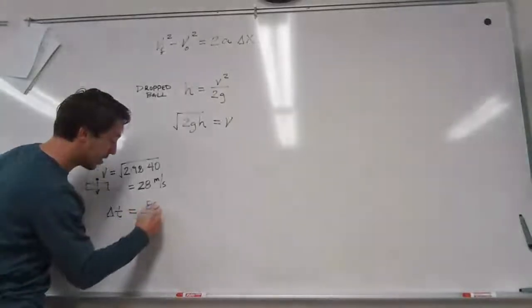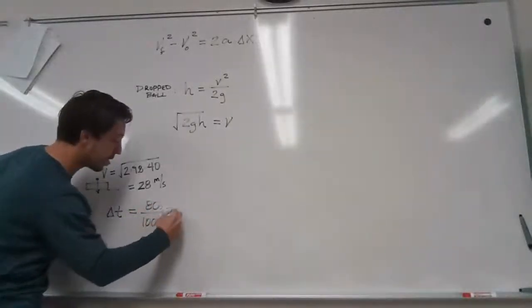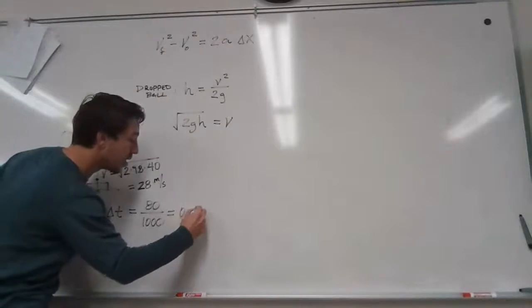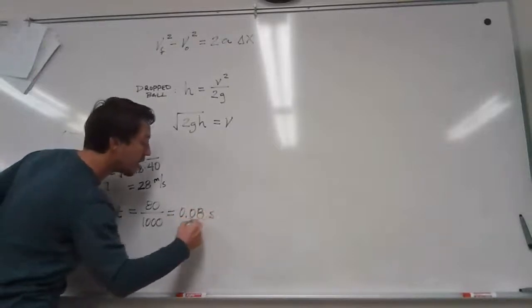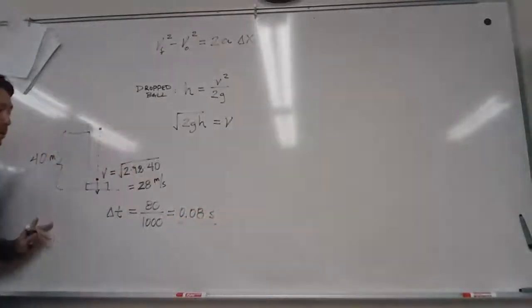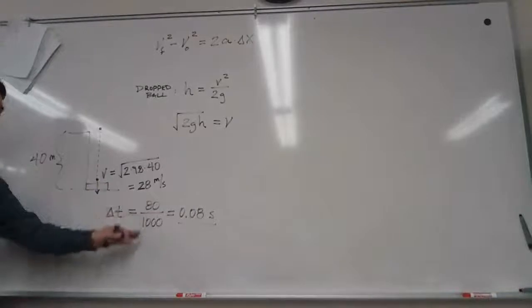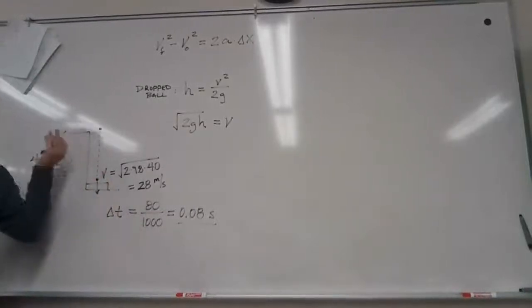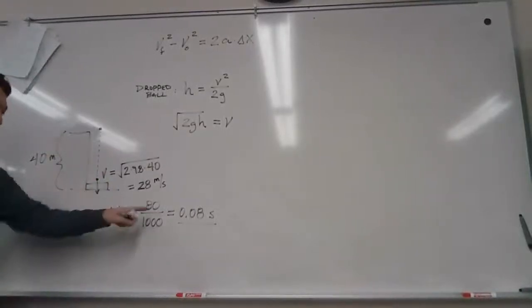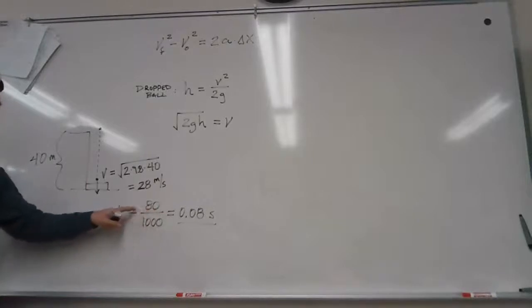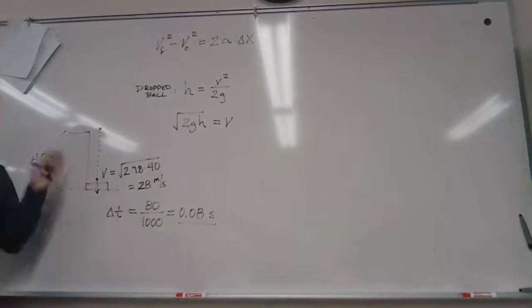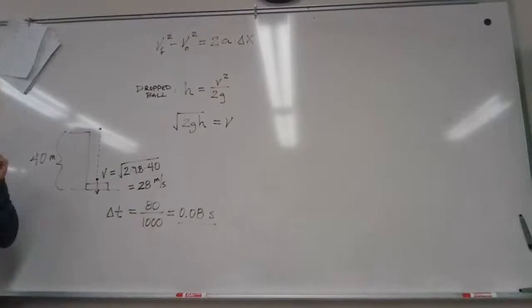So I have to go 80 divided by 1,000. Remember, you always have a calculator. I would still recommend learning to divide by powers of 10: you're moving it 3 spots, 1, 2, 3. But you can use a calculator if you're stuck.